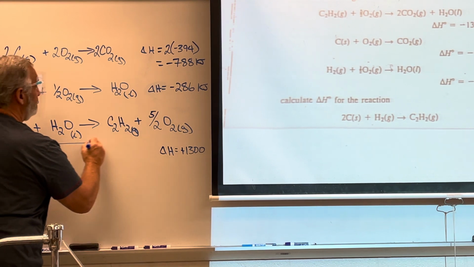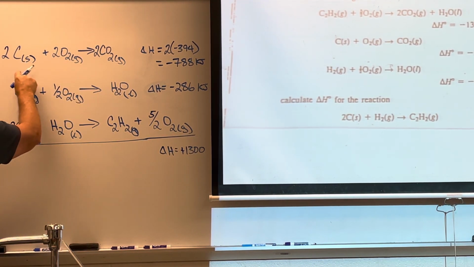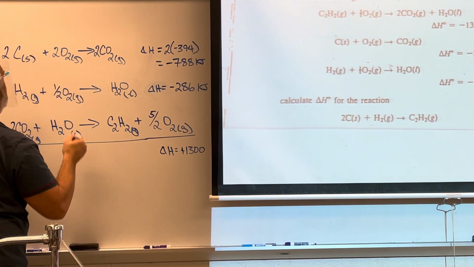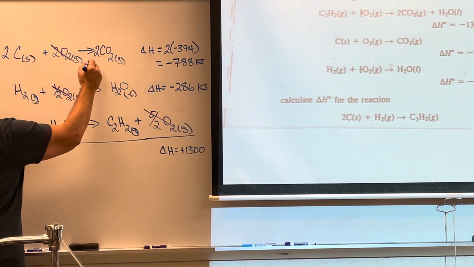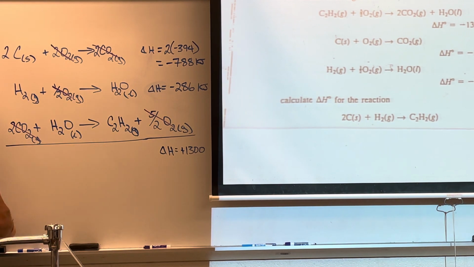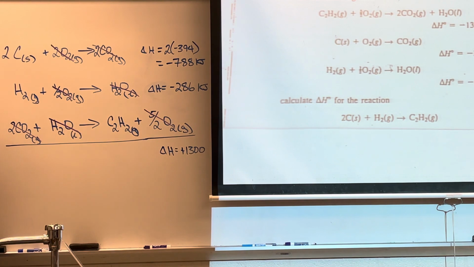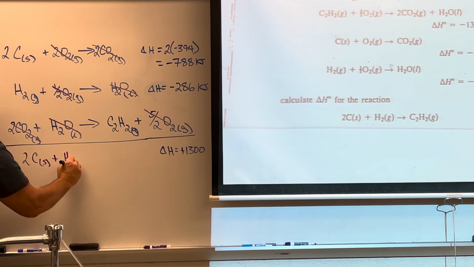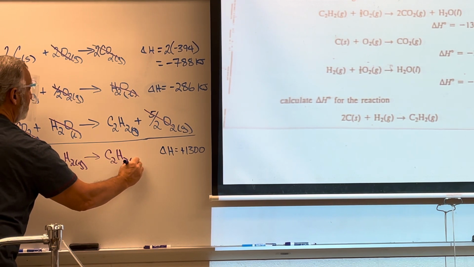So we just double check to make sure that everything cancels out. I have 2 carbons, I want that to stay. My 5 halves of oxygens cancel out right there. 2 CO2s cancel out right there. My H2Os cancel out right there. So now I'm just left with 2 carbon solids plus H2 gas yields C2H2 gas.